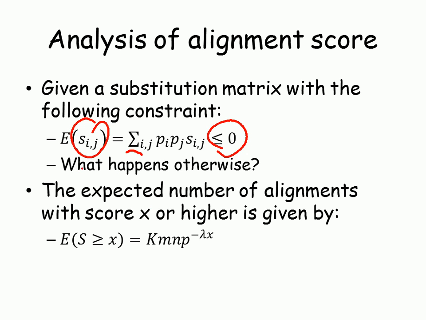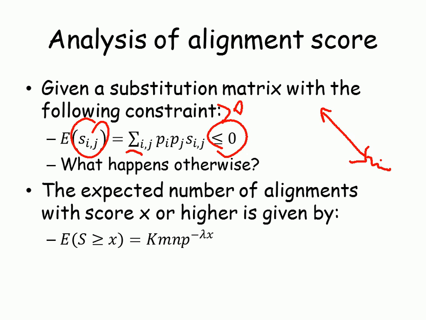And the reason for this constraint is that if this were greater than 0, then if you look at an alignment, a local alignment between two homologs, that alignment would tend to extend along the edges without any biological meaning. I mean, it could extend along the edges just by chance because of the way that the substitution matrix values are. Okay.